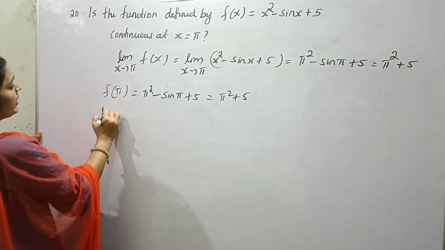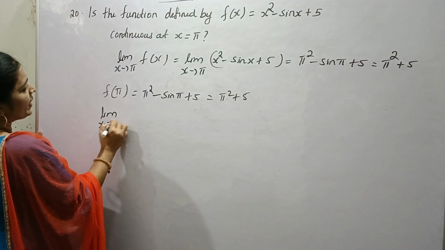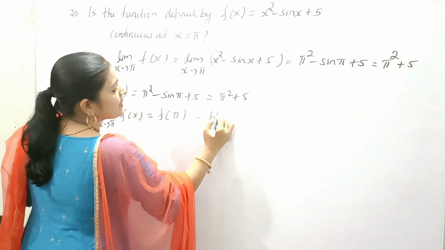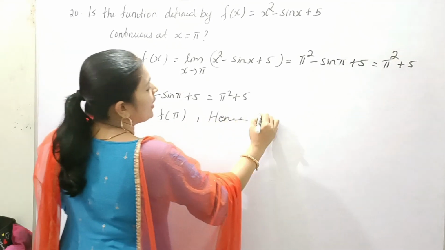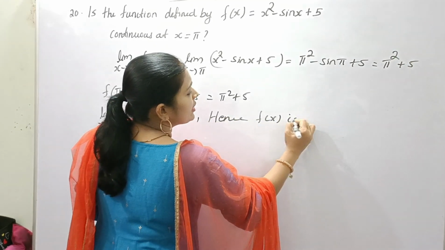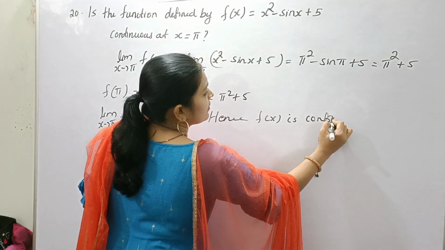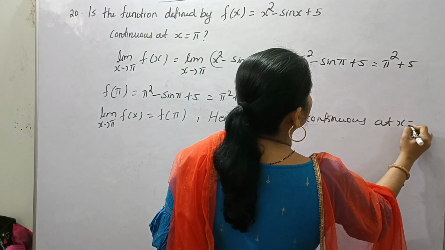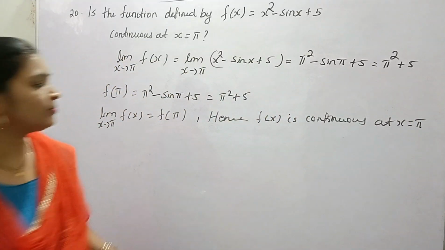Therefore limit x tends to pi of f of x is equal to f of pi, hence f of x is continuous at x is equal to pi. That's all.